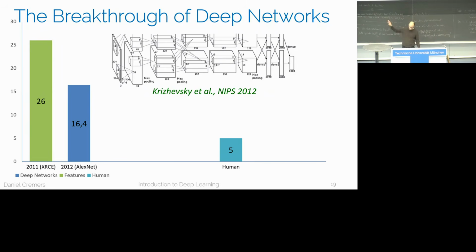But this is the paper that really created the hype of deep networks because people realized you can really do amazing things with them. That said, some of the pioneers realized it years before, but no one listened to them, right? That's typically what happens when you're a pioneer. Initially, no one wants to listen to you. But here, this really was a breakthrough.